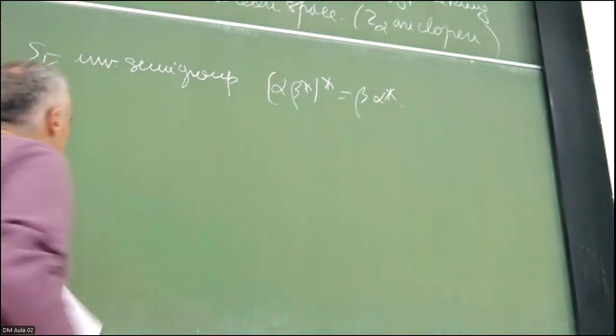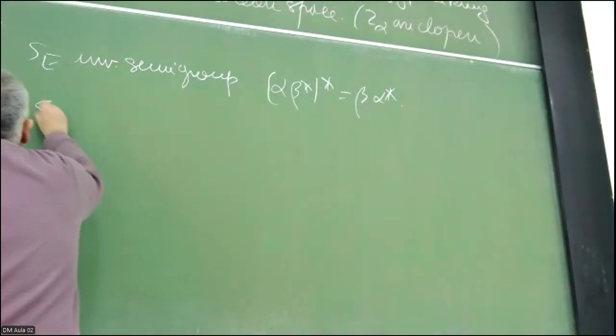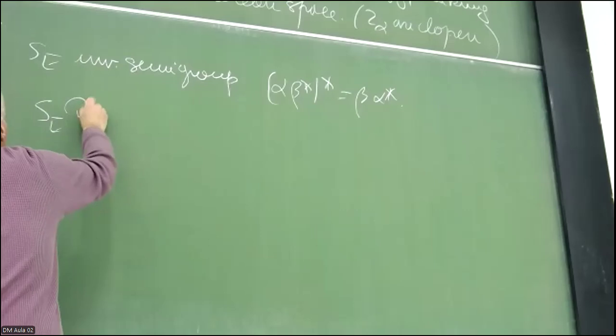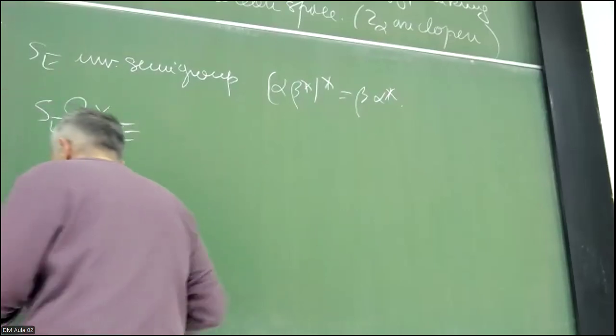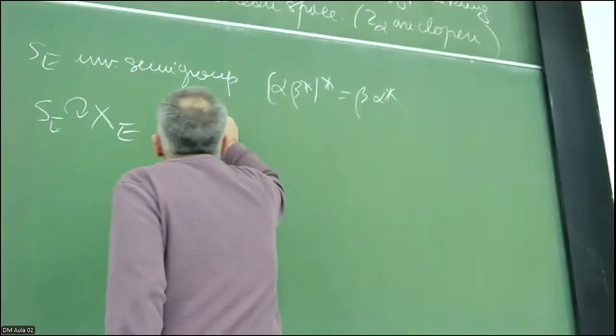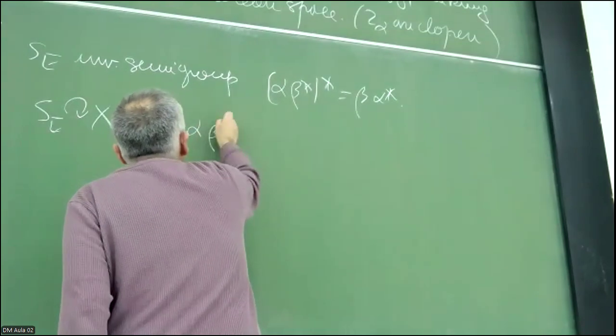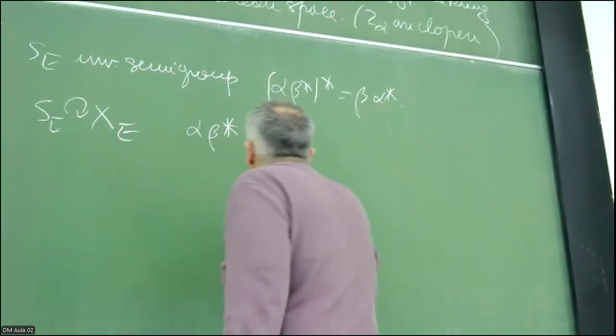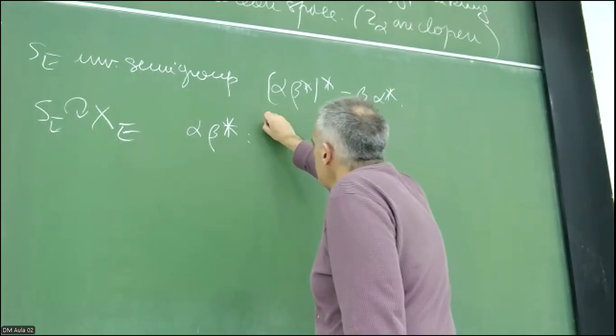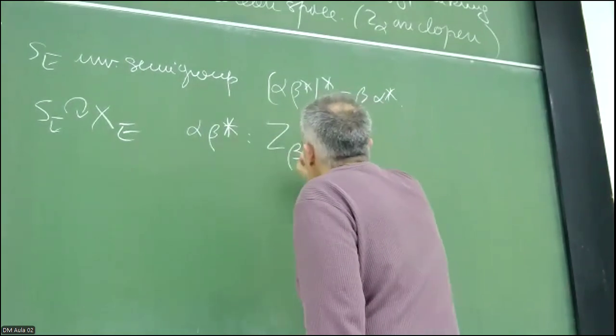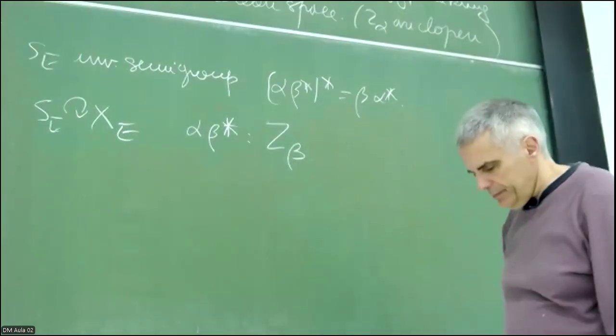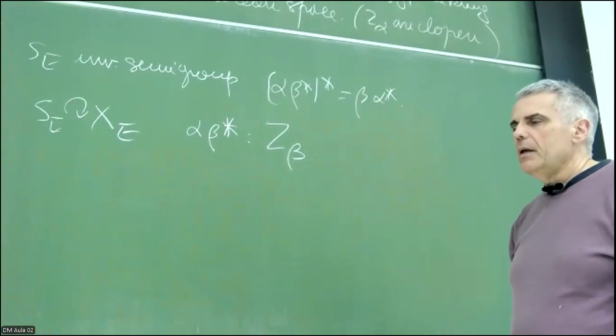Okay, so we let S_E act on X_E as follows. So what does alpha beta star do? So first of all, what is its domain? It's the Z beta.